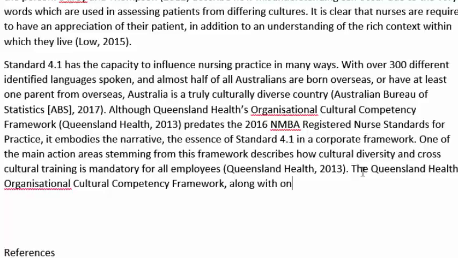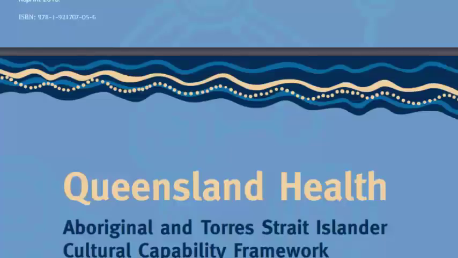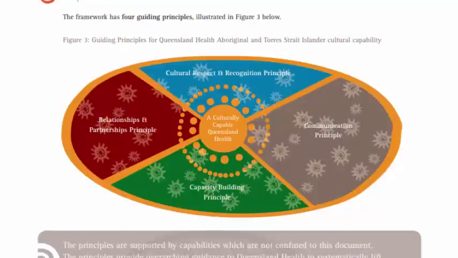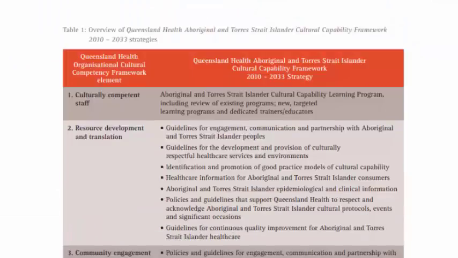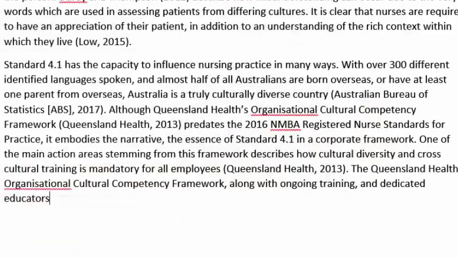Along with ongoing training and dedicated educators, which I know are mentioned in the Aboriginal Torres Strait strategies, is it 6.6 here? Dedicated trainers and educators. So I know this, and I'm happy to say this.